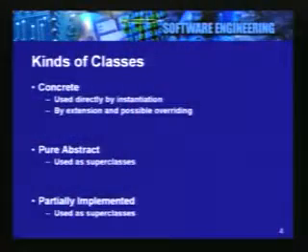Concrete classes directly come forward from the application domain. Pure abstract classes come forward when we want to organize the classes into hierarchies which exhibit common behavior. So, a superclass provides you the common abstraction. Partially implemented classes are very useful when you design frameworks.